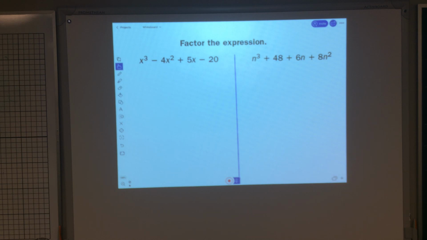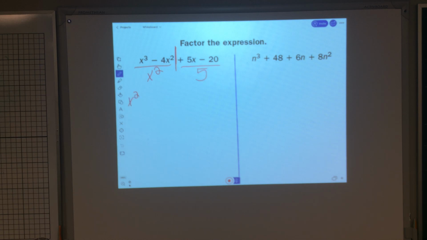So we're going to do 3 more, and then we're going to look at a couple of harder ones actually. So first step, let's check, does anything factor out? First 3 have x's, but x cubed doesn't have a number, so nothing's going to factor out. So I'm going to split them right there. The first set, I'm going to factor out an x squared. Second set, I'm going to factor out a 5.